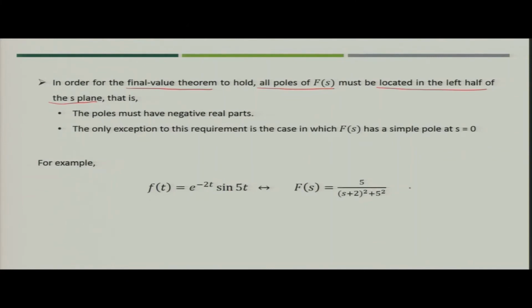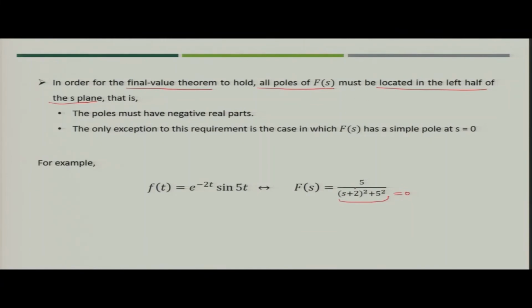If you are asked to find the poles of F(s), what will you do? You will simply take the denominator and equate it to 0, and try to find the roots of this expression. Since it is a second order equation, you will get 2 roots of s. Those 2 roots will be nothing but the poles of F(s).